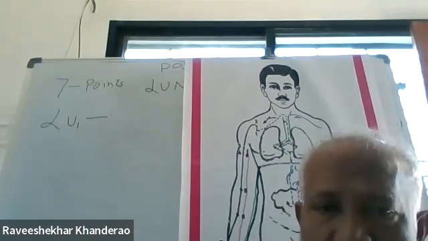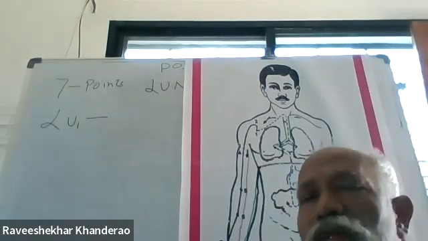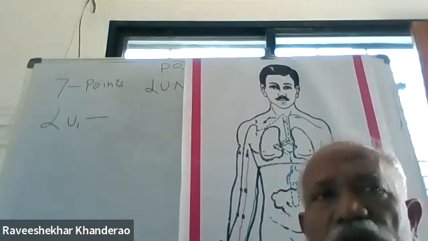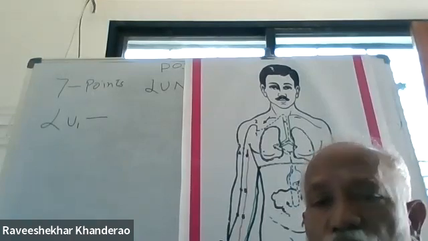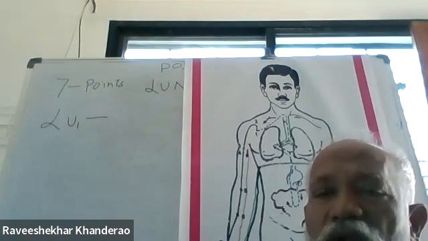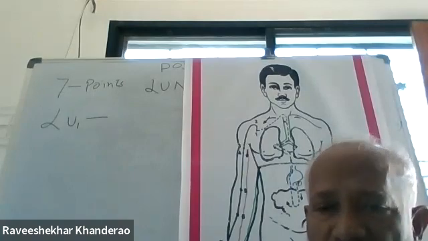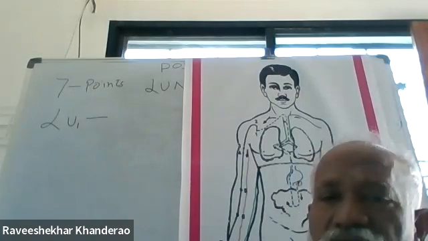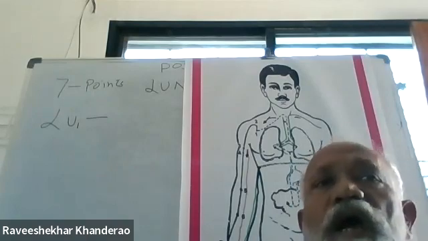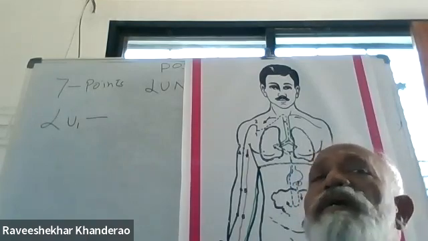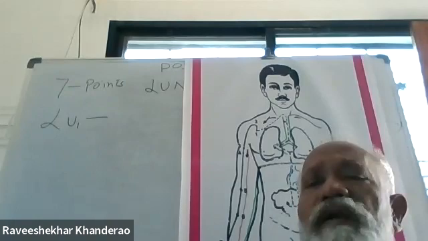So now lung 1, the name in Chinese is Zhongfu. At the level of the first intercostal space, between the first and the second rib. Another landmark is it is 6 cun lateral to the Ren meridian.